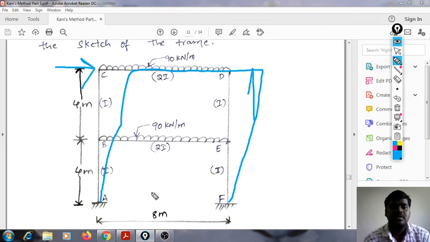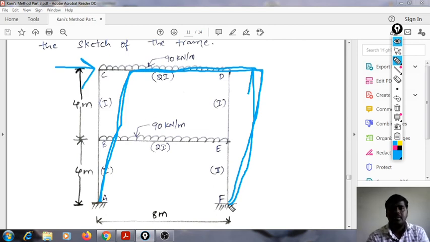And this is a straight line actually. This happens if there is any type of horizontal load acting. If any horizontal load is acting, there will be a different way of solving. Not much difference, only a small difference in solving the problem.